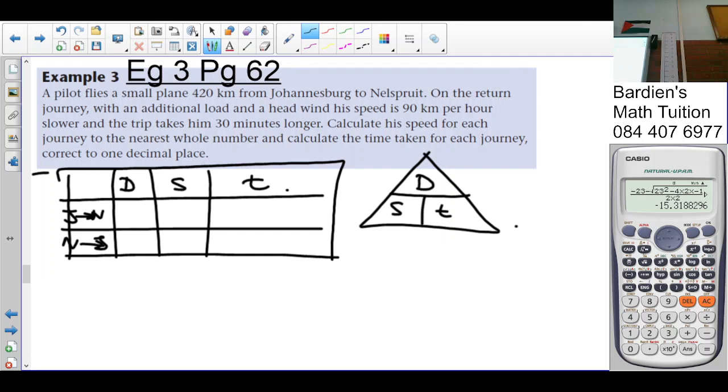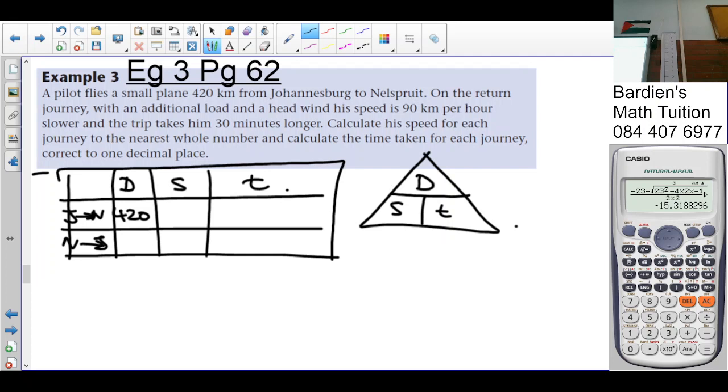So you're told the pilot flies a small plane 420 kilometers from Johannesburg to Nelspruit. So it's 420 kilometers. If it's 420 kilometers from Johannesburg to Nelspruit, how many kilometers is it from Nelspruit to Johannesburg?